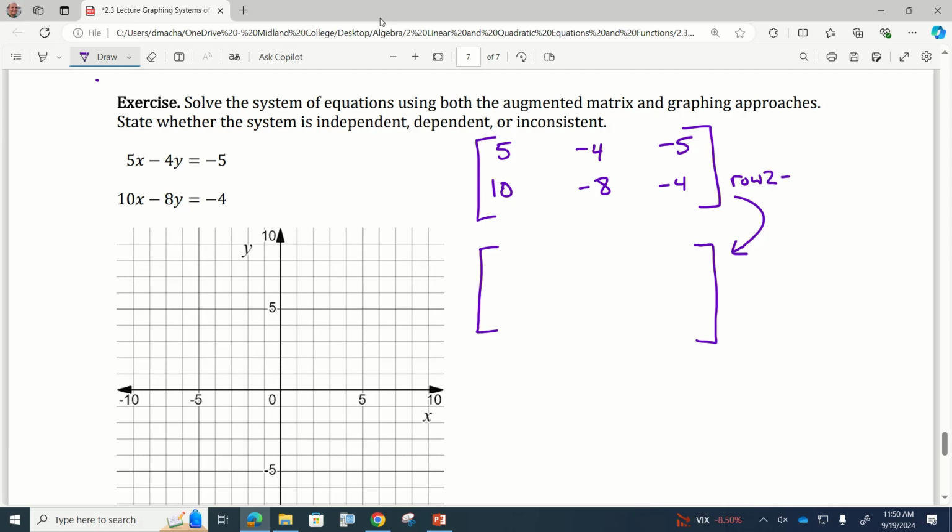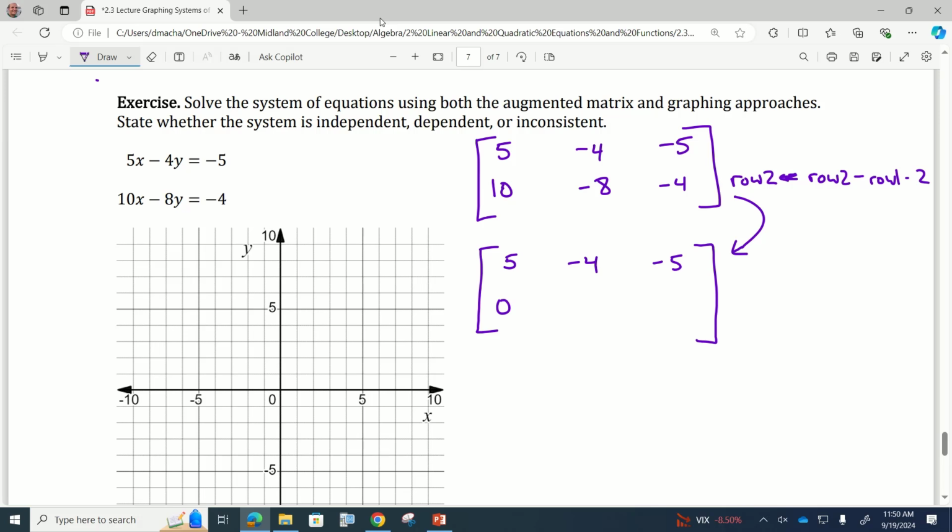Yeah. What if I replaced row 2 with row 2 minus row 1 times 2? So row 1 gets to remain the same. And row 2 gets to become 10 minus 5 times 2. 10 minus 10 is 0.